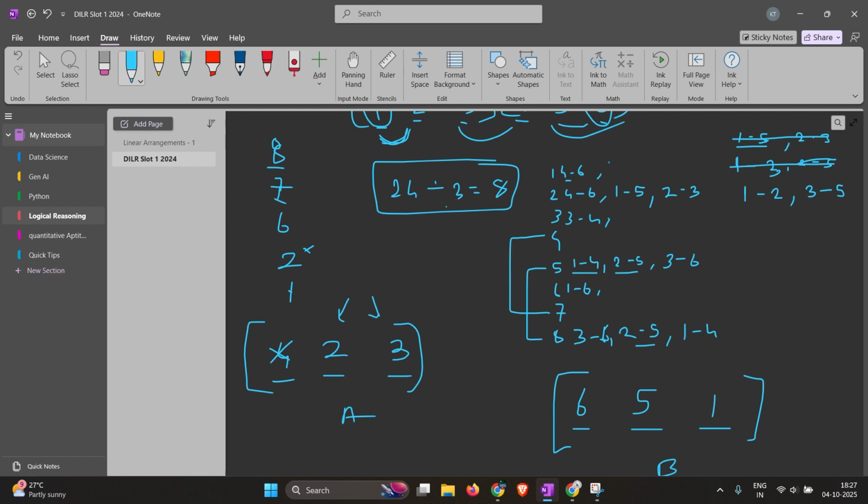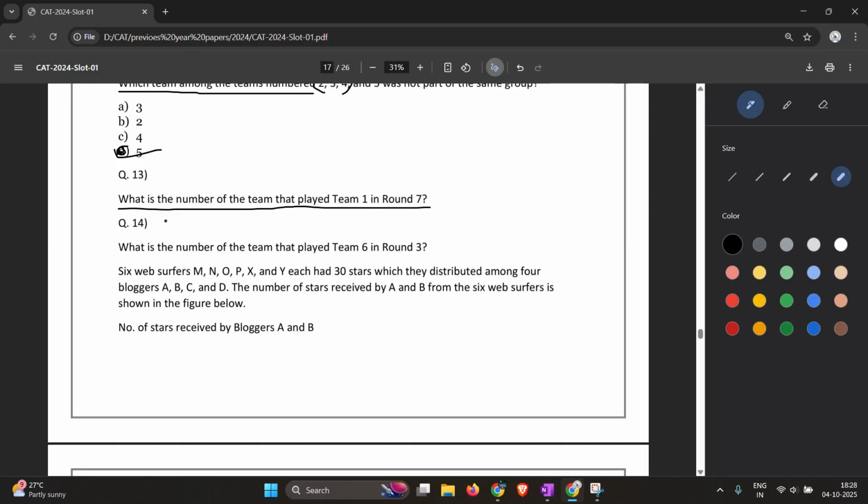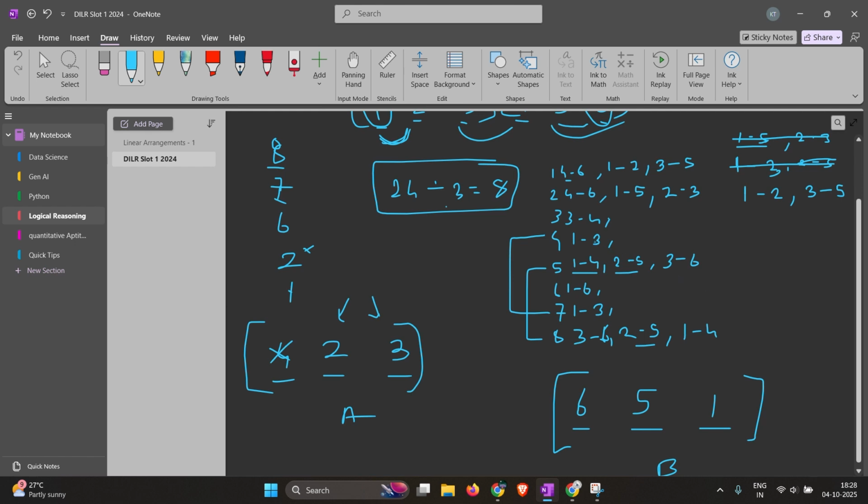So the only possible pair is 1 plays 2 and 3 plays 5. Since 1 played 2 over here, 1 cannot play 2 over here, because with 2 it has to play two different matches. So 1 has to play 3 in the fourth round and also in the seventh round. So therefore, the answer over here: team 1 played team 3 in round 7.